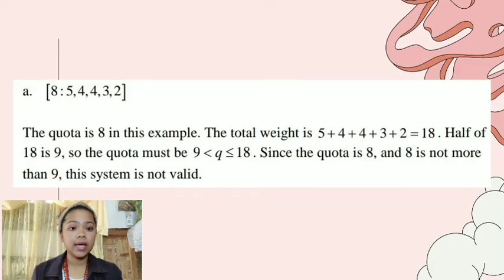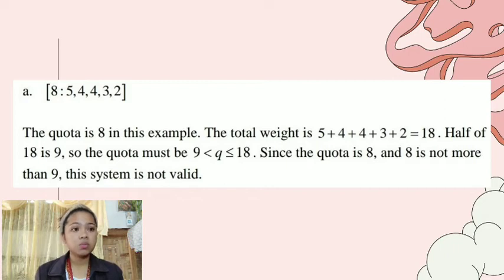So we have here an example of how to find a voting power. We have a quota of 8 with weights of 5, 4, 4, 3, and 2.